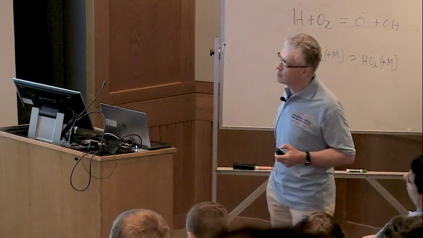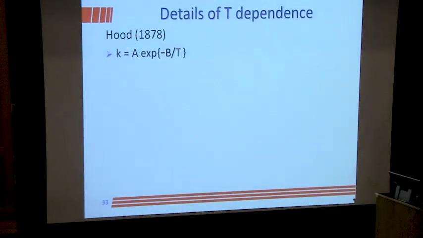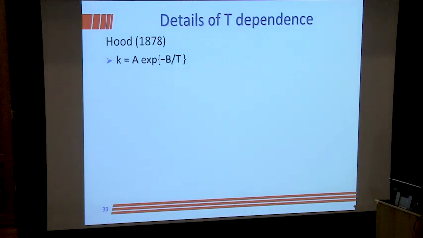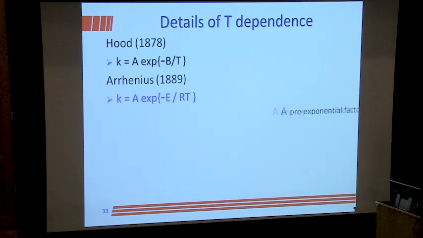Okay, so the details of temperature dependence. Hood in 1878 looked at it and said the rate constant is equal to some pre-exponential A factor times the exponent of minus an activation temperature over T. And Arrhenius, in 1889, said the rate constant is equal to a pre-exponential A factor times the exponent of minus an activation energy over RT, which is what we use.